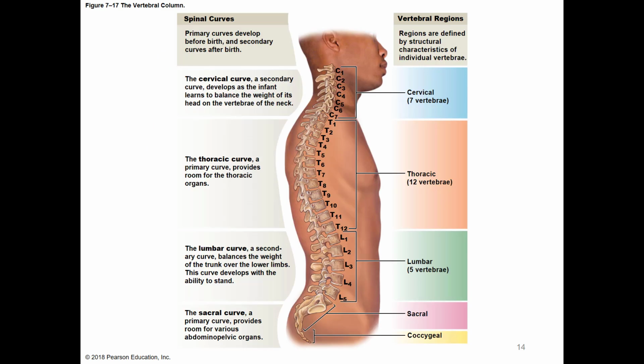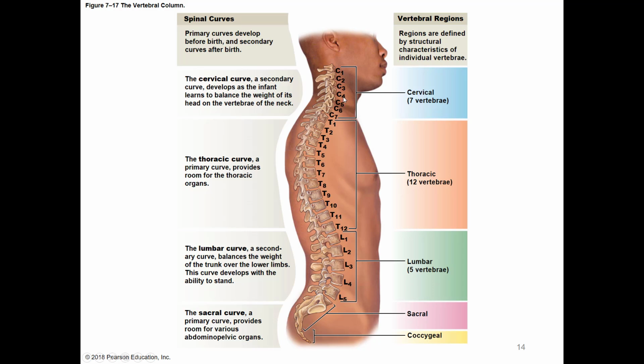And this is another thing you'll be looking at in your first lab. So cervical or C's, there are 7. Thoracic or T's, there are 12. And then L's or lumbars, there are 5, followed by the sacrum and coccyx.